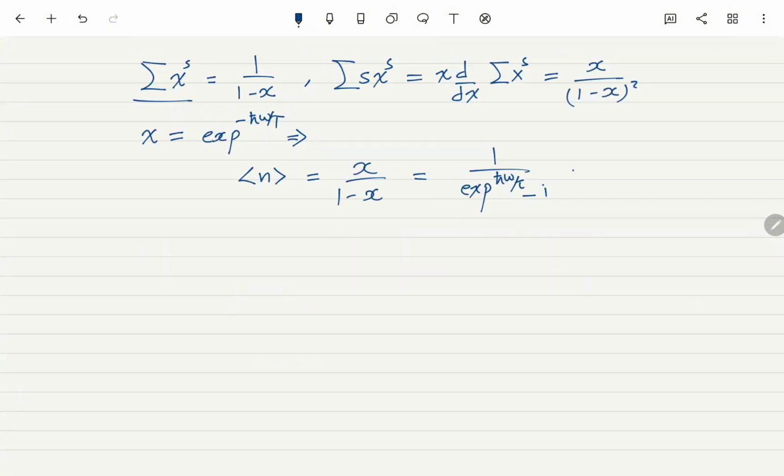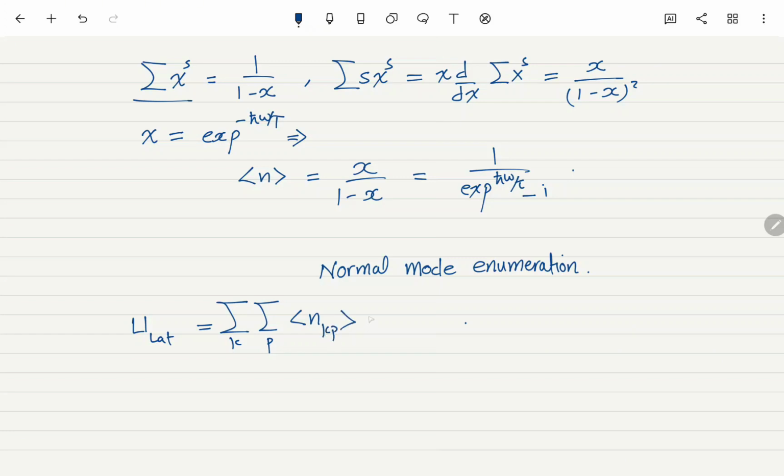Now let's define normal mode enumeration. The energy of a collection of oscillators of frequency omega_KP in thermal equilibrium is defined as U lattice, as we just defined, equal to the double sum over wave vector K and polarization P of h bar omega_KP times n, where n equals 1 over exponential h bar omega over tau minus 1.